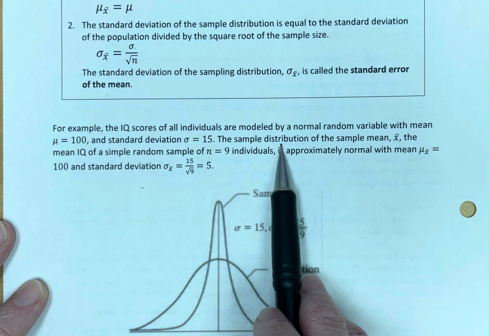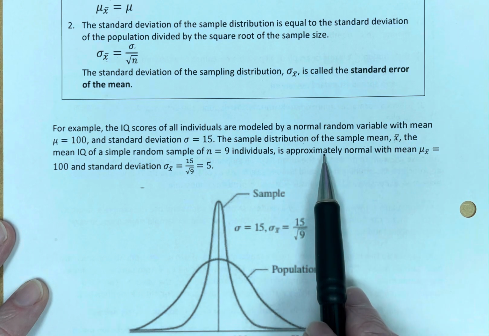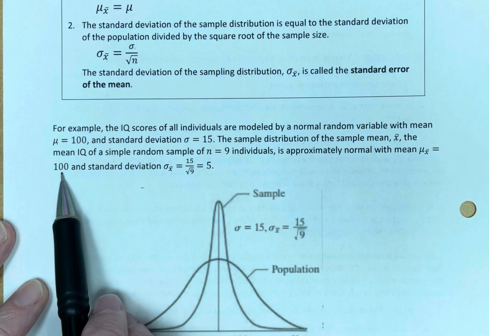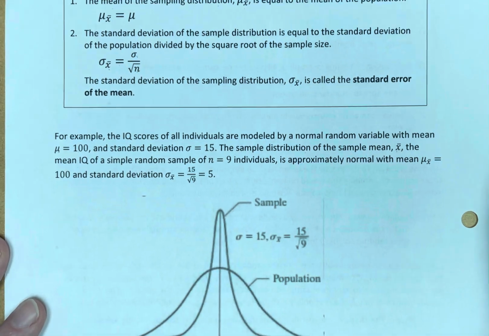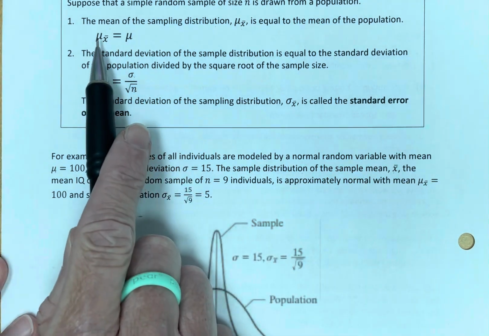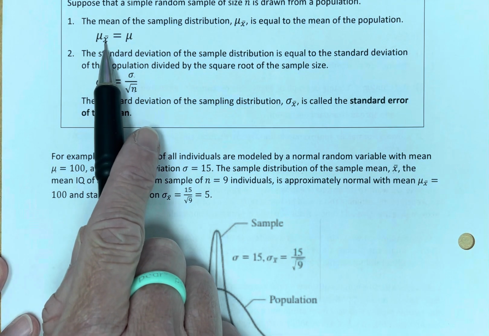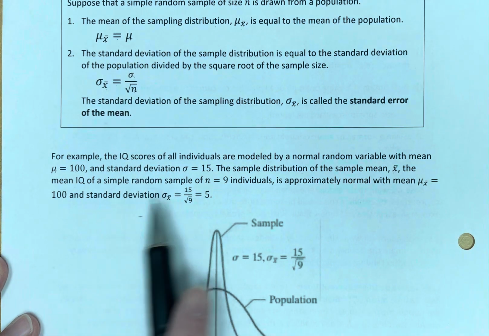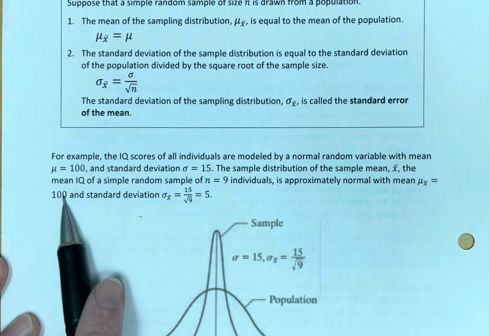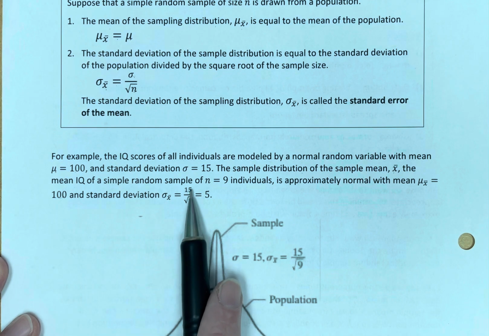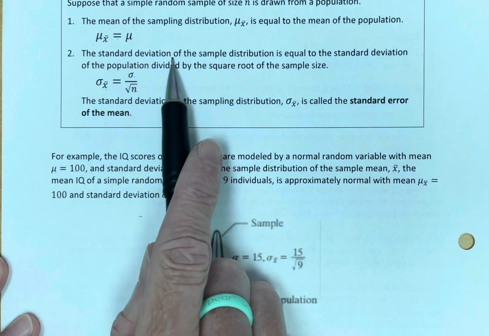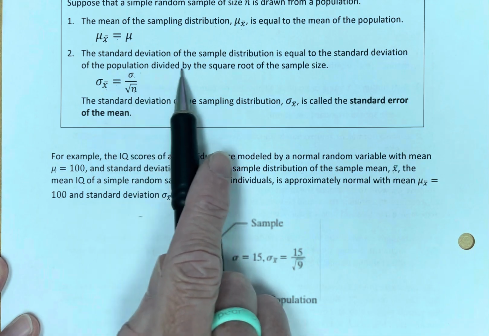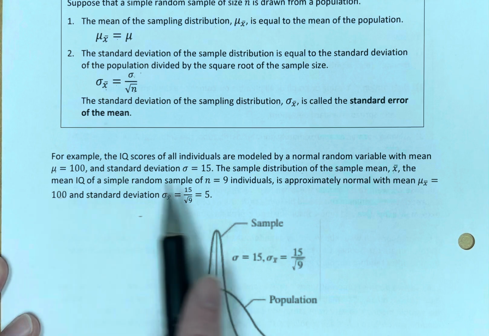The sampling distribution of the sample mean is approximately normal with mu sub X bar equal to 100. Let's go back up and see that. The mean of the sampling distribution is equal to the mean of the population, and the standard deviation of the sampling distribution is equal to the standard deviation of the population divided by the square root of the sample size.